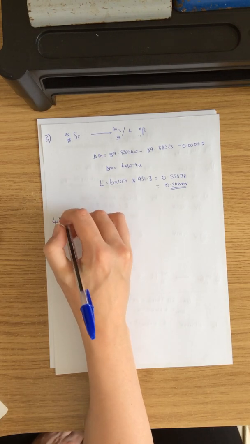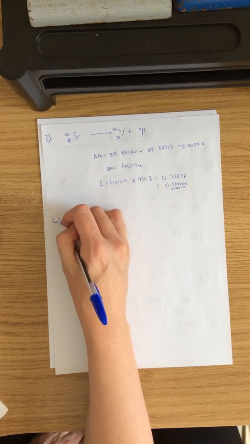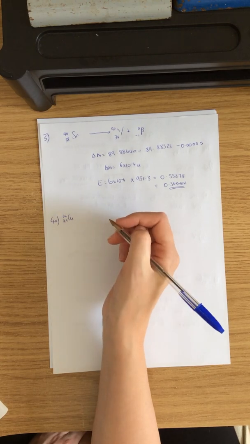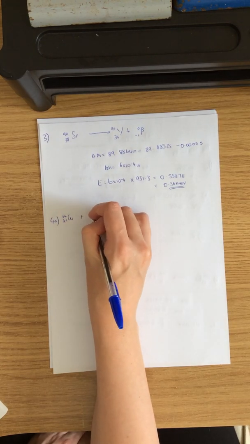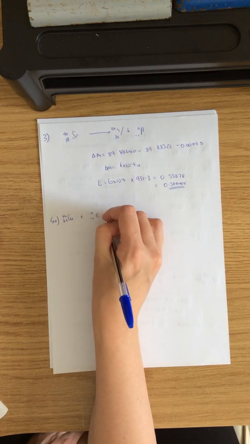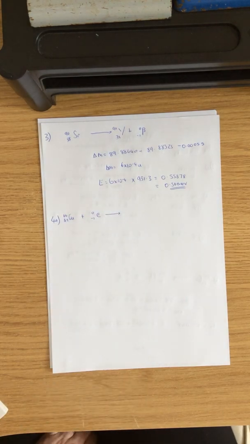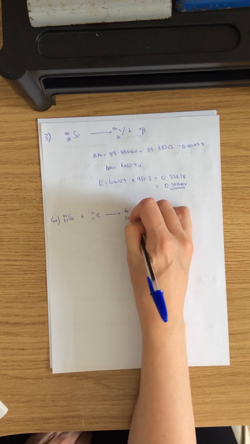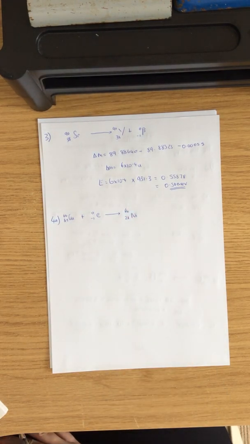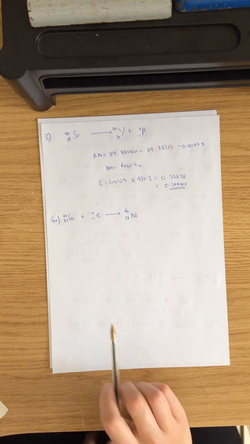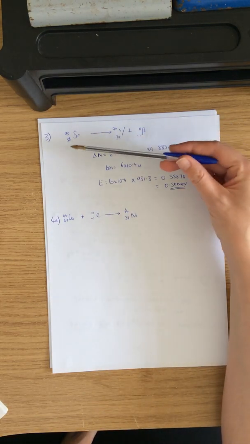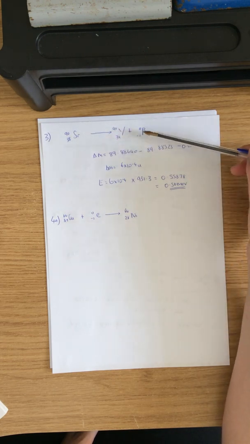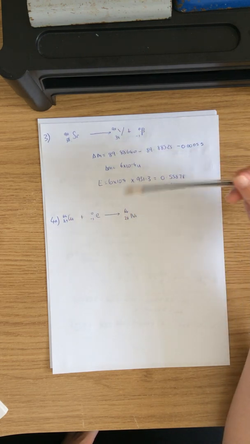Right, question 4. We've got copper 64, 29, and it decays through electron capture to form a stable isotope of nickel. Write down an equation to represent this process, that's what I've done, and then calculate the energy. So in this case it's slightly different to this one. In this one you've got one nucleus turning into 2, but in this one you've got 2 things turning into 1. So you need to add these 2 together first.